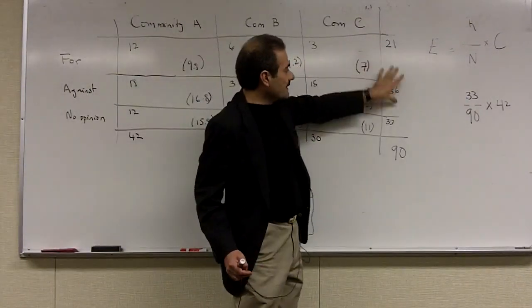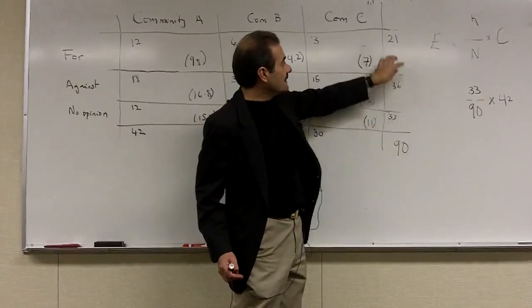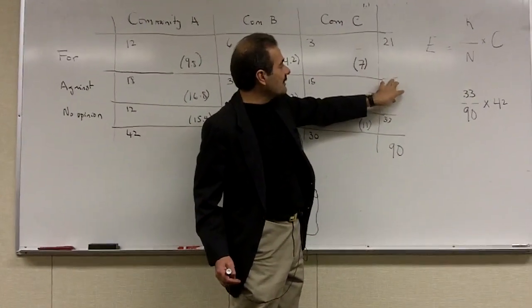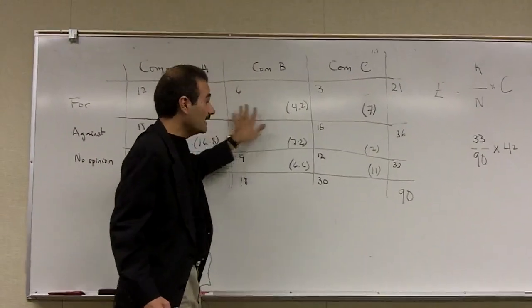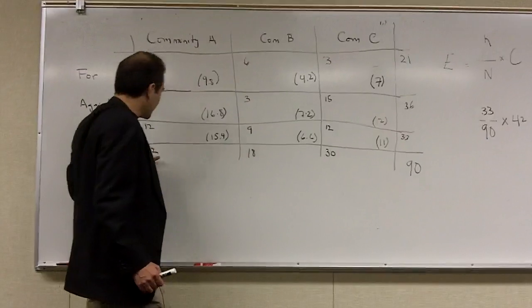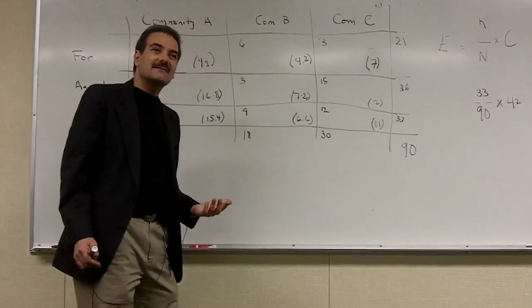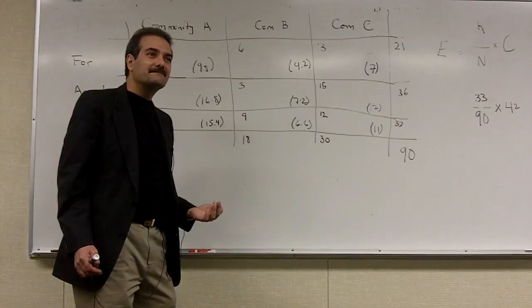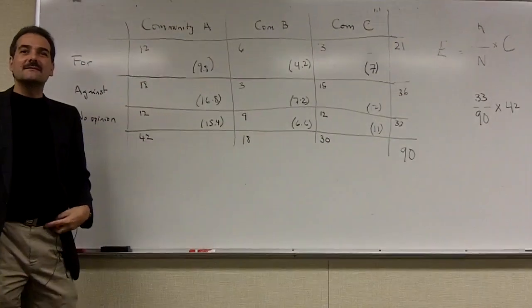You can think of these as proportions. This is the lowest, this is the highest proportion. So you want to distribute these proportions in these cells in relation to the size of each of these groups. Does that make sense? Everybody got that? Should I repeat it? How confusing is this?